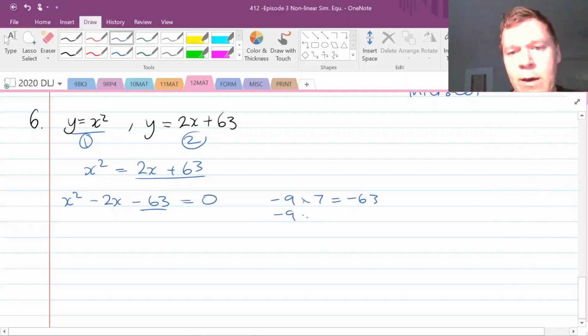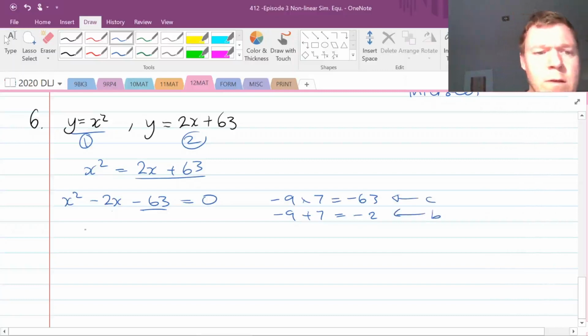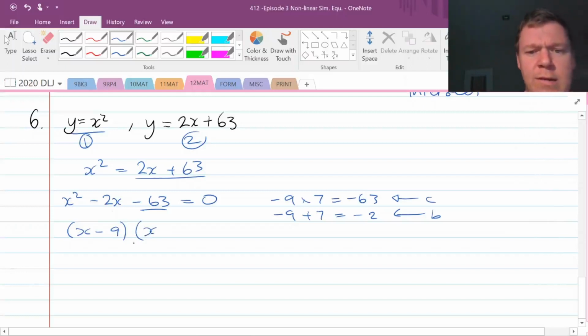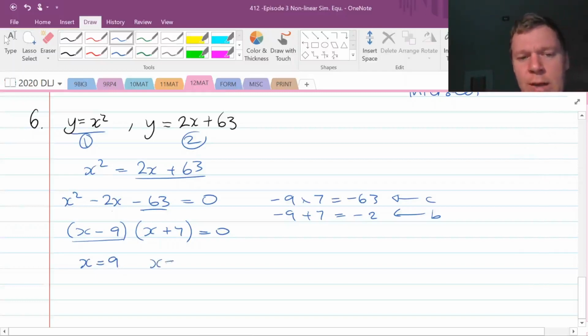And negative 9 plus 7 equals negative 2, which is our B. So we're going to get (x minus 9)(x plus 7) equals 0, which means that for this bracket to be 0, x equals 9 as a solution, and for the other bracket to be 0, x equals minus 7 as a solution.